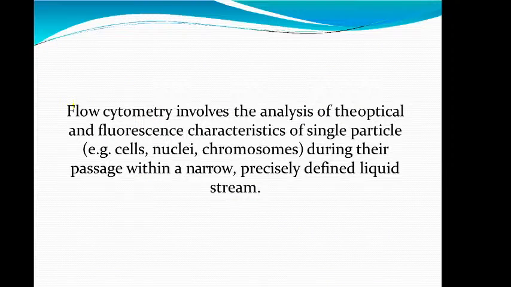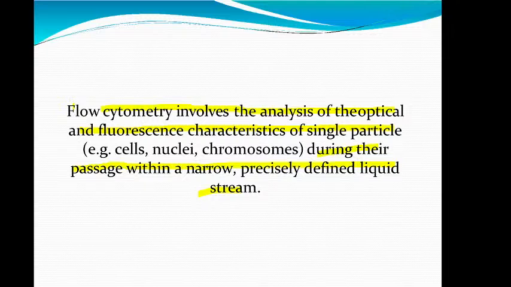So flow cytometry involves the analysis of the optical and fluorescence characteristics of a single particle during their passage within a narrow, precisely defined liquid stream. Because it's flow cytometry, the cells will have to pass through the beam of light.